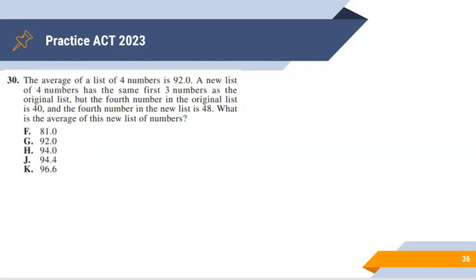Okay, question number 30. On this question, they want to know what is the average of the new list of numbers. What it says is the average of 4 numbers is 92. So I'm going to write this down. The average is 92. And then they make a new list of 4 numbers.